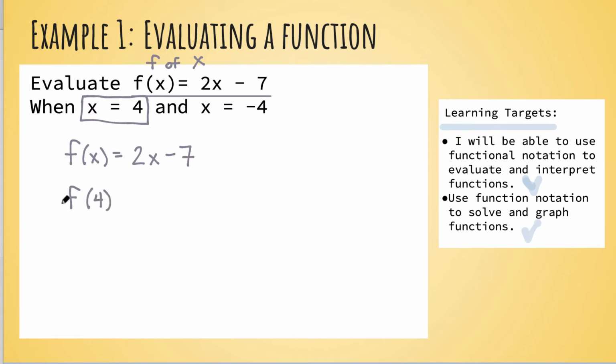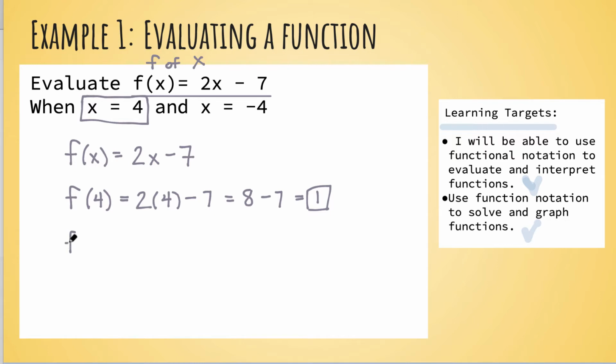The way we say this is f of 4 is equal to, so wherever there was an x, we're now going to substitute in the number 4. So we have 2 times 4 minus 7. And when we simplify this, 2 times 4 is 8, and we're subtracting 7, and 8 minus 7 is 1. So f of 4 is equal to 1.